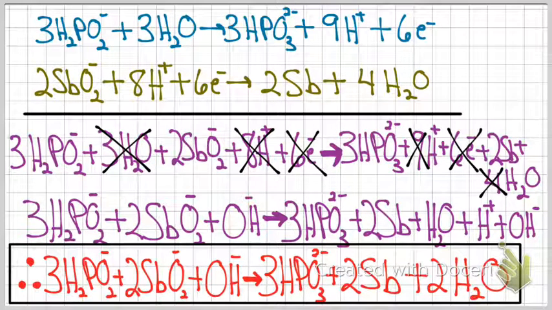So now you can see it is balanced atomically and electron-wise, and you can see now it is indeed a basic solution. So these are done very, very similar to the acidic condition ones. It's just at the very end, you have to make it alkaline by adding hydroxides in.